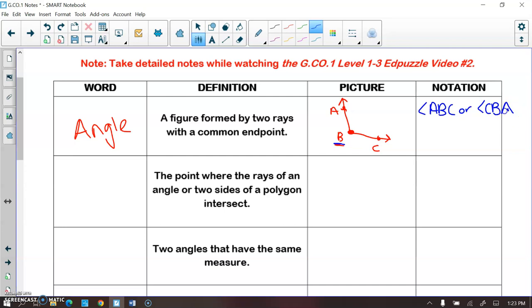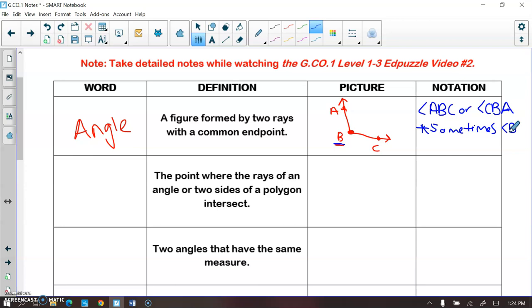Now, sometimes you will be allowed to label your angle just by the vertex. But there's situations where that won't be acceptable, and I'll explain that in future lessons.